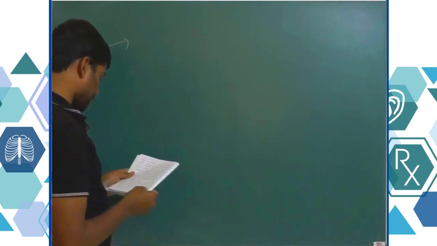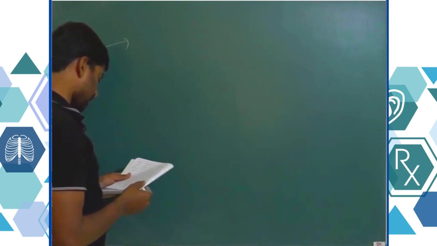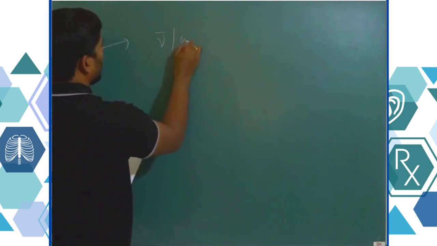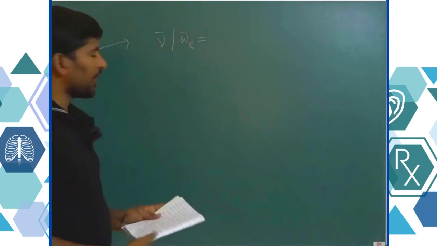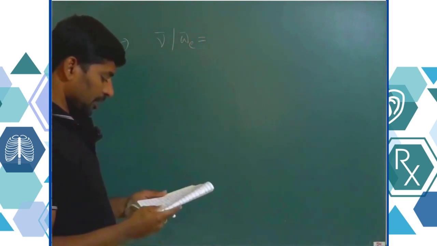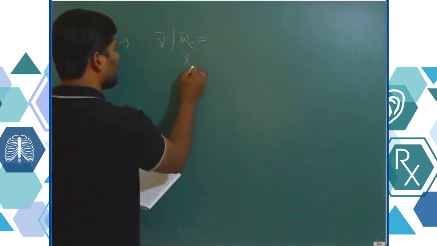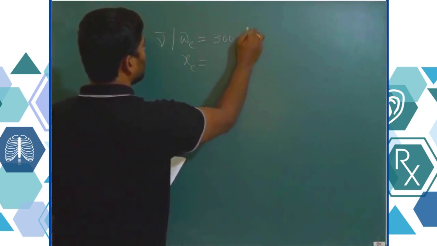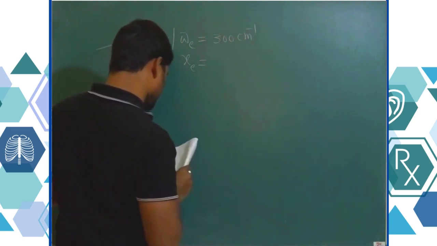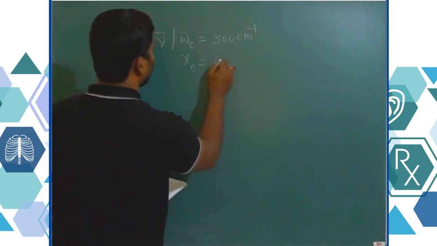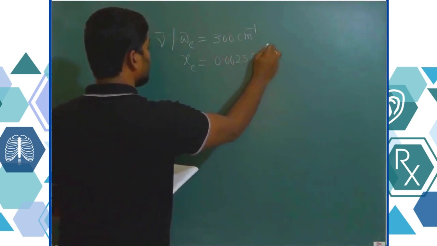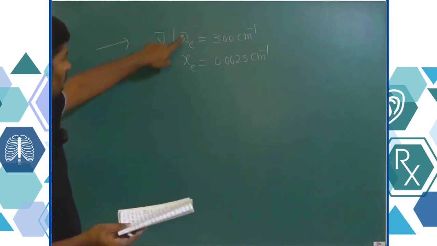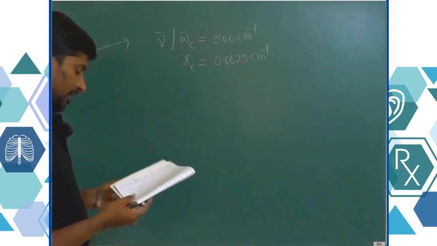The vibrational frequency, which we indicated as omega bar E, and the anharmonicity constant, which we indicated with Xe, of an alkali halide are 300 centimeter inverse and 0.0025 centimeter inverse respectively.